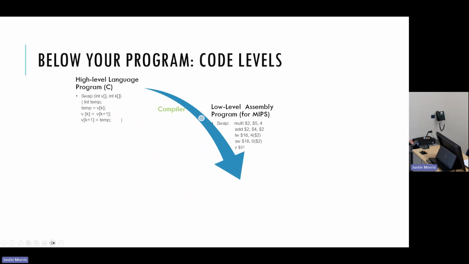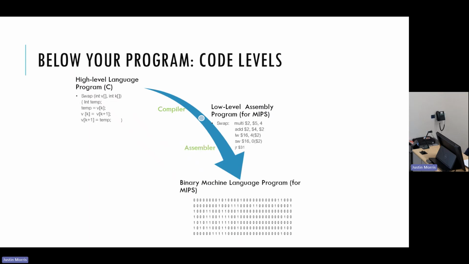And then in order for the processor to understand the assembly instructions, the assembler translates all of these assembly instructions into the binary machine language. And these are the instructions that the processor will read from memory that tells it what to do, every single instruction.